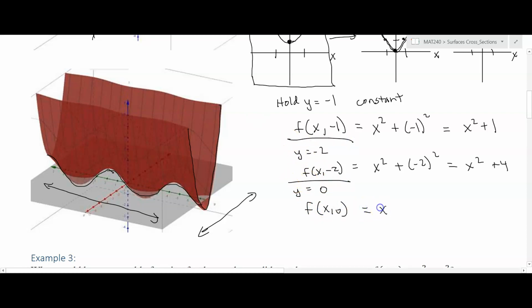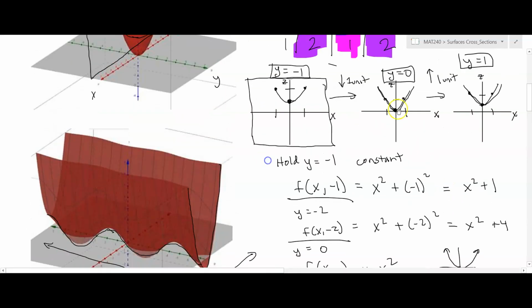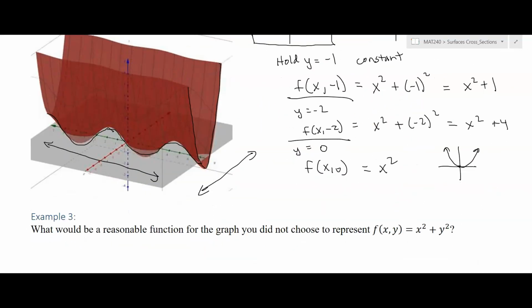That will be the graph of just x squared, which is the parabola that has its vertex at the origin and looks like that. And guess what? That's precisely the graph that we've started to sketch out here for when y is equal to 0.